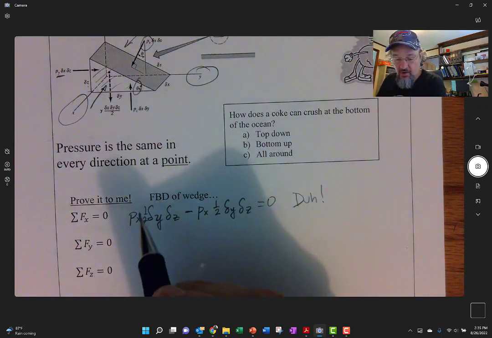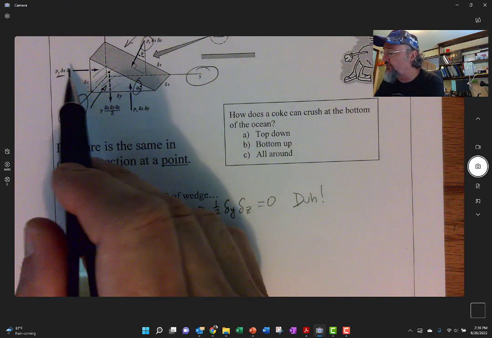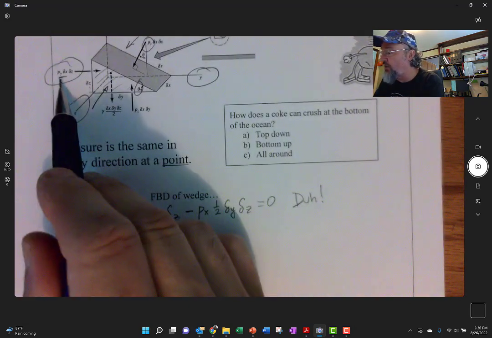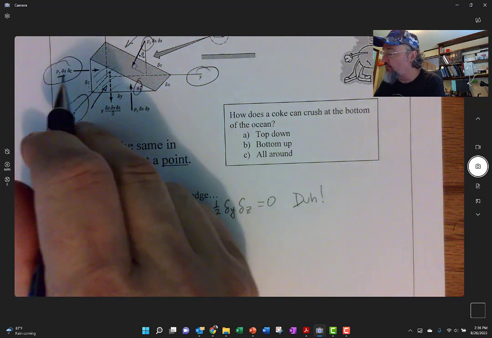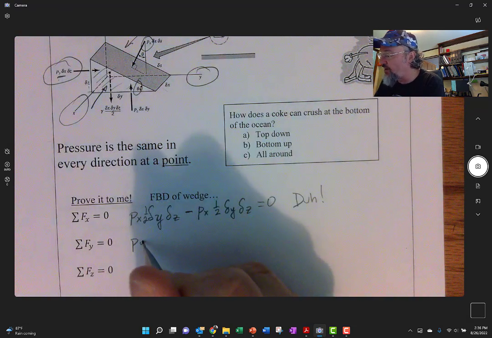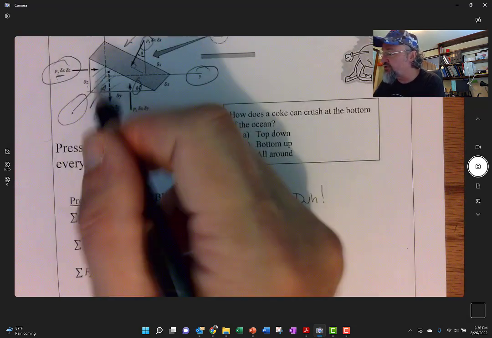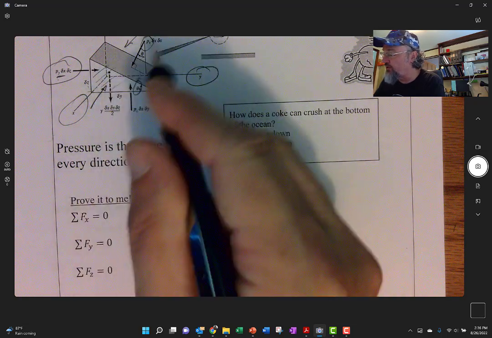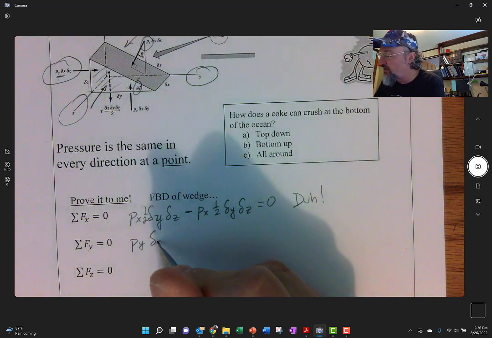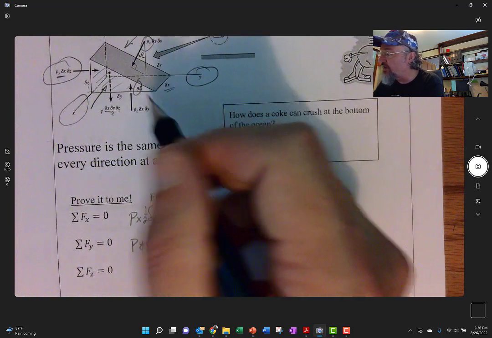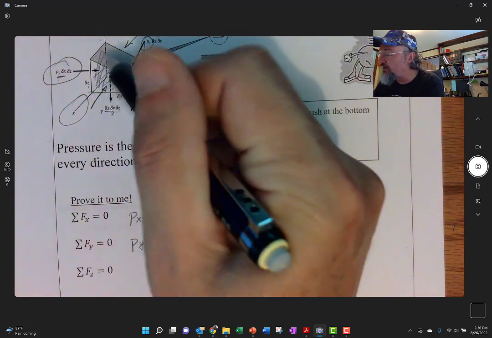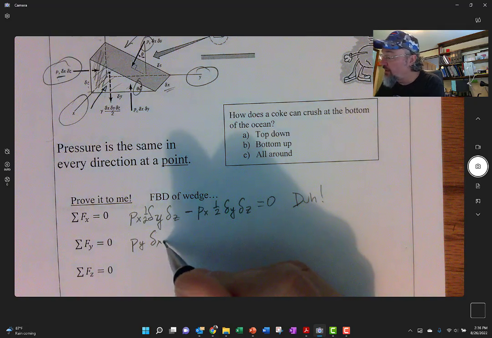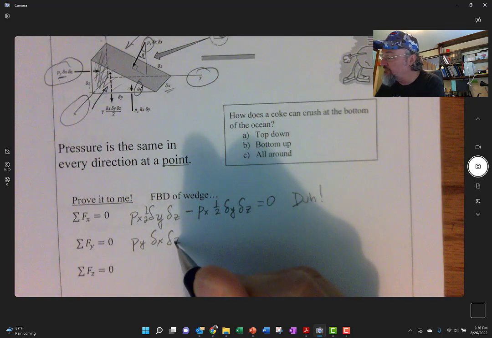So on the y surface, which is over here, that's the y direction. We'll call that the positive direction, p_y, and that is just a square, whereas the other one was a triangle on the side. So we have del x, that's this dimension right here, so we're dealing with that area right up in here, times del z.